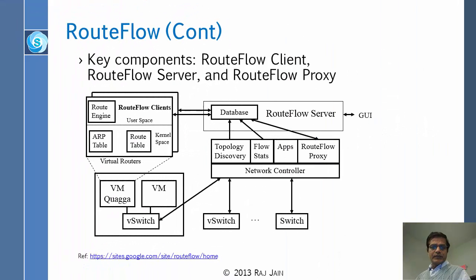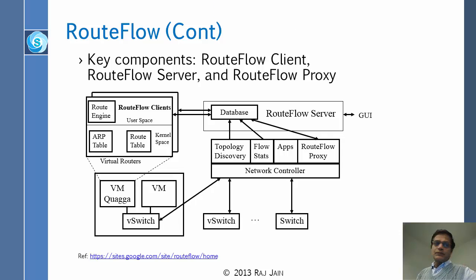A little bit more detail is that this one shows that you have a VM here. This VM is a router, this VM is not. And there is a vSwitch, right? Since this VM is a router, it has this routing protocol, Quagga or whatever, so it has a kernel space and it has a user space.